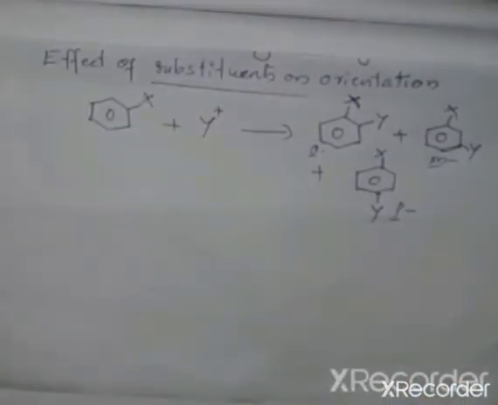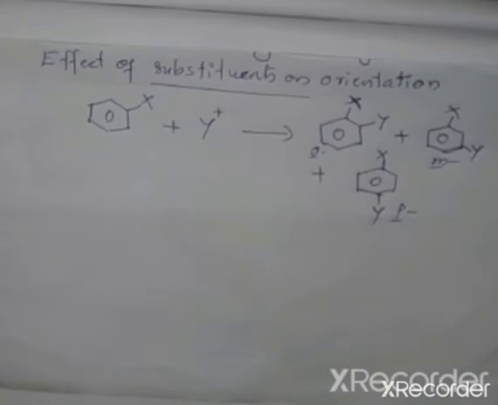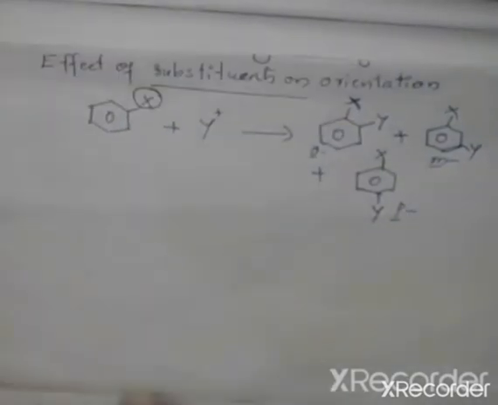In the previous class we learned that there is a possibility of forming three isomers, ortho, meta, and para disubstituted compounds, but in any case these three compounds are not obtained in equal amounts. Which isomer is obtained as the major product is determined by the substituents already present in the compound.